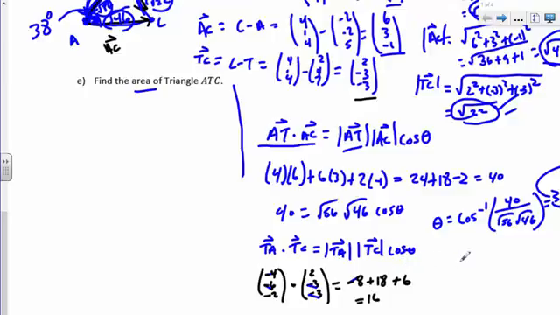Alright, so what I'm going to say then is that 16 is going to equal the magnitude of TA, which is the same thing as the magnitude of AT, root 56, and the magnitude of TC is root 22, times cosine of theta. So theta is equal to the cosine inverse of 16 over root 56 times root 22, and then this will give me the answer for that one.